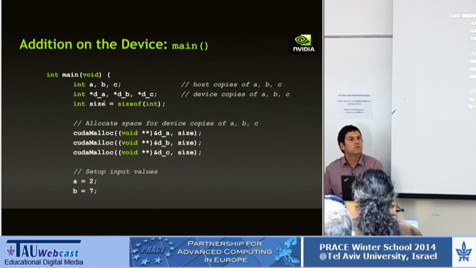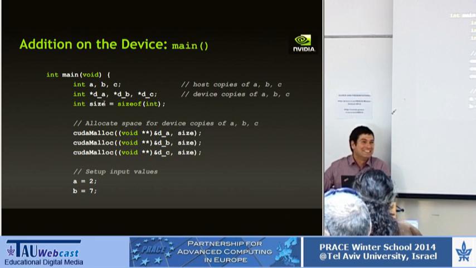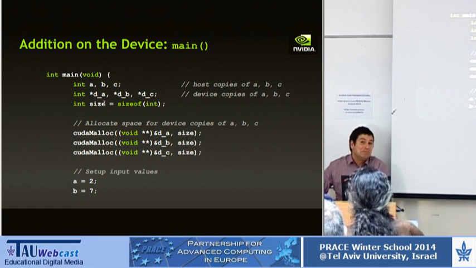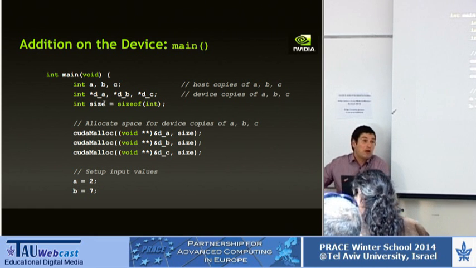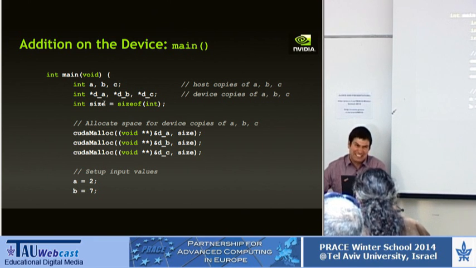What happens if you forget? Try it. What happens if you forget to clean up on the CPU? It remains until the program gets out of context, you know. You have a garbage collector in CUDA? Not so much.